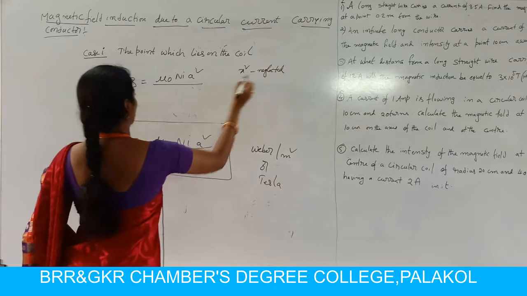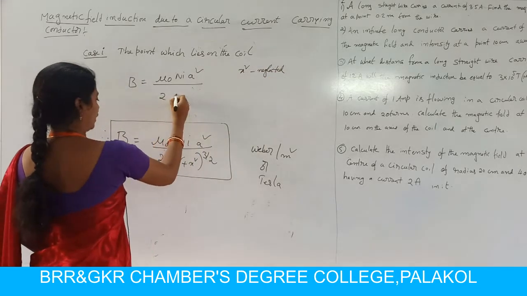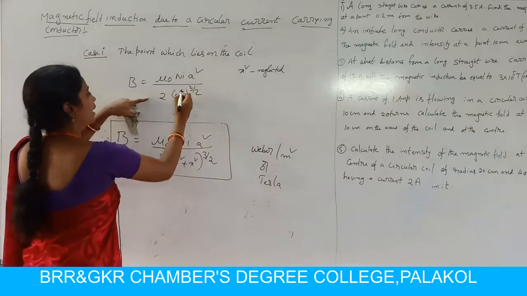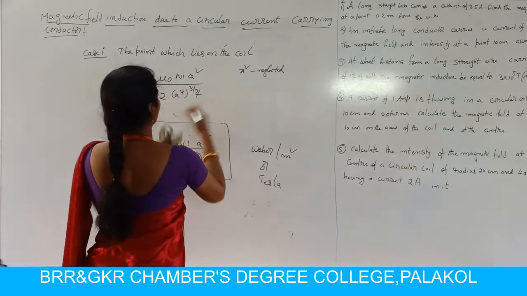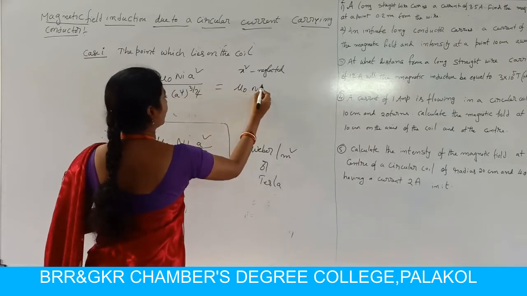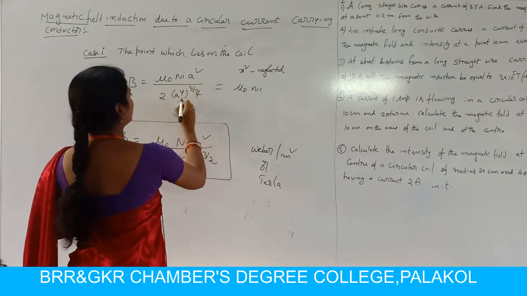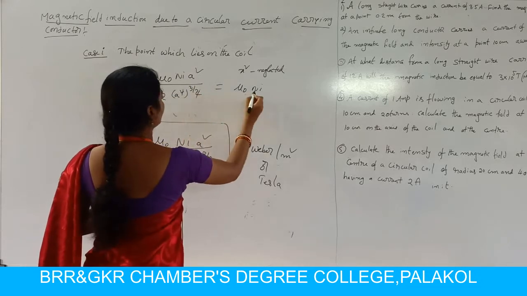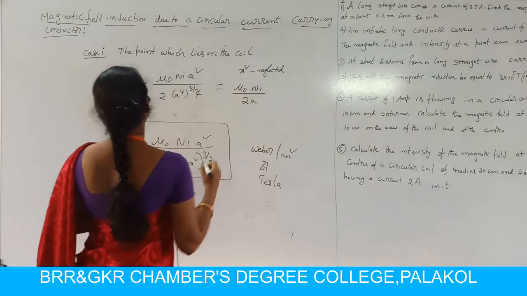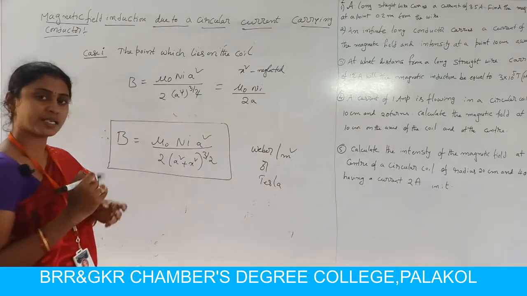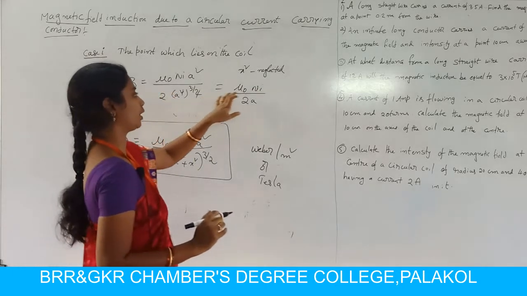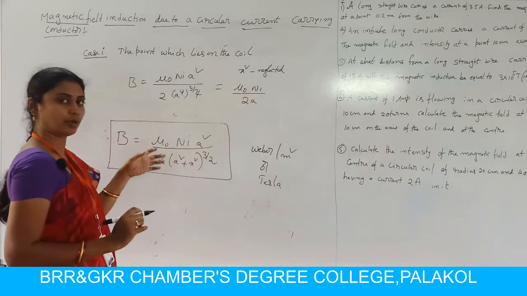Then A square cancels, and B equals mu naught N i by 2A. This is the expression when the point lies on the loop. We can use this formula, B equal to mu naught N i by 2A, in our problem solving.